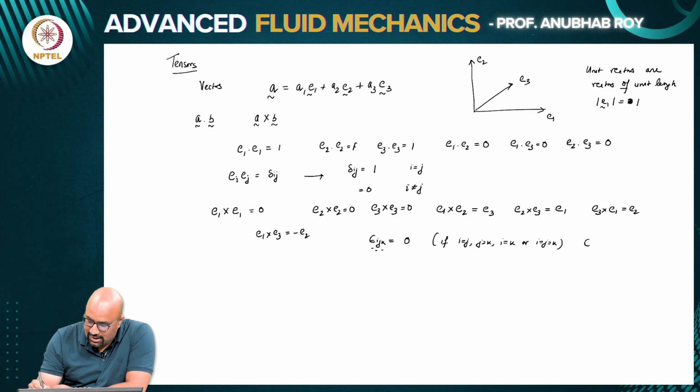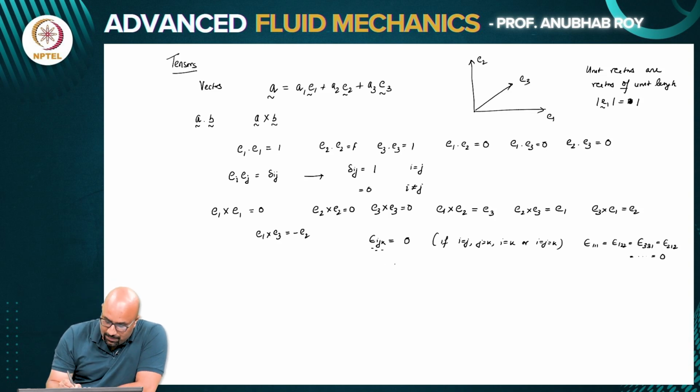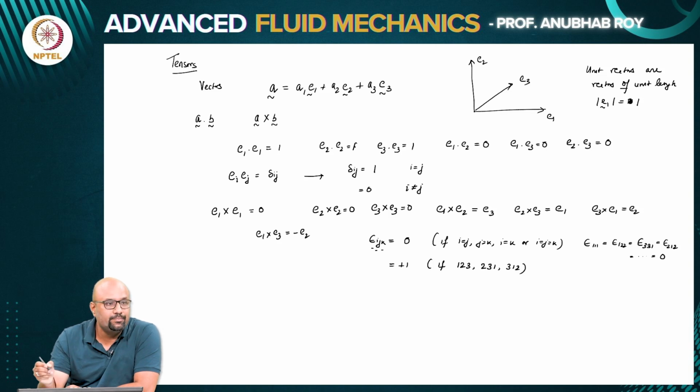So now you can see epsilon 111, epsilon 122, epsilon 331, epsilon 212, and then so on, for all those combinations would all be 0. Now if i, j, k were in a cyclic order, what does cyclic order mean? So what I have written down above, 1, 2, 3, 2, 3, 1 or 3, 1, 2.